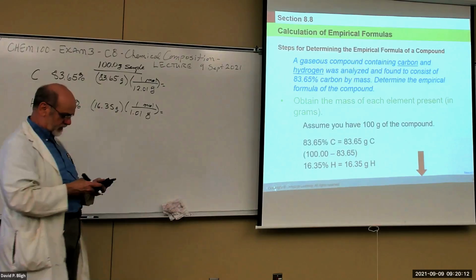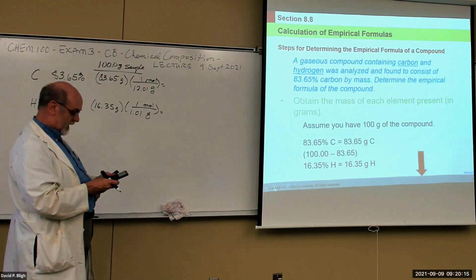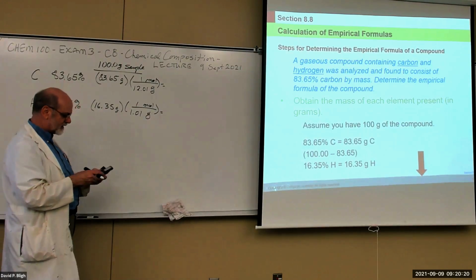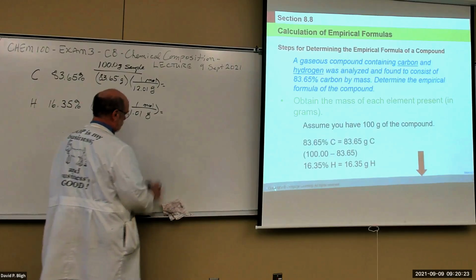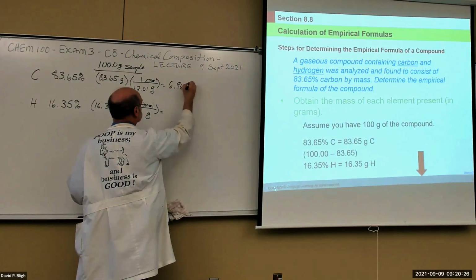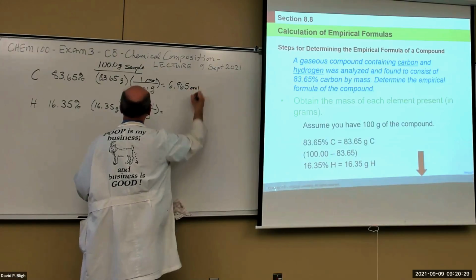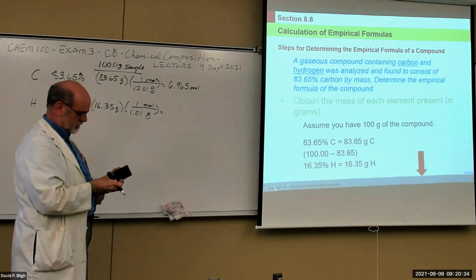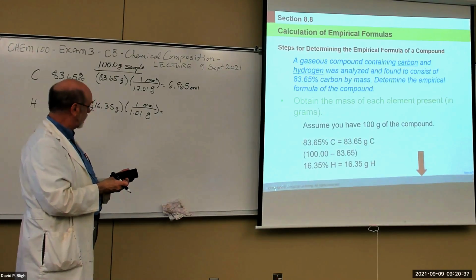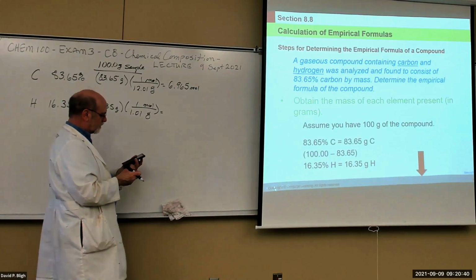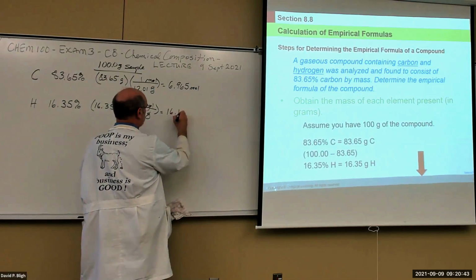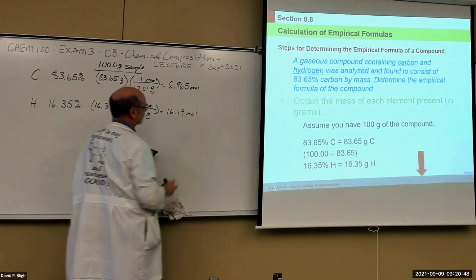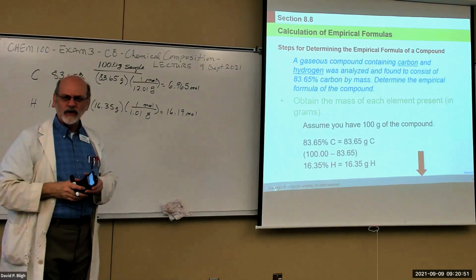So let's do that calculation. 83.65 divided by 12.01 is 6.965. That's moles of carbon. And 16.35 divided by 1.01 is 16.19. 16.19 moles. Okay. Now, how do you get whole numbers out of that?